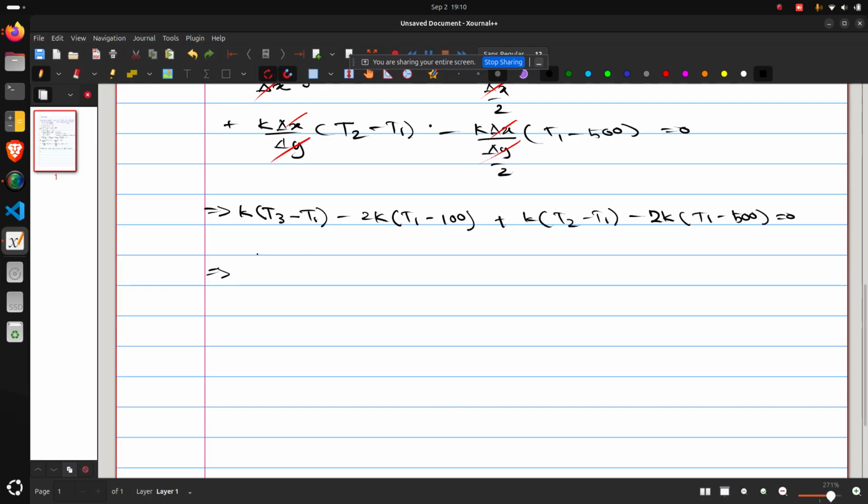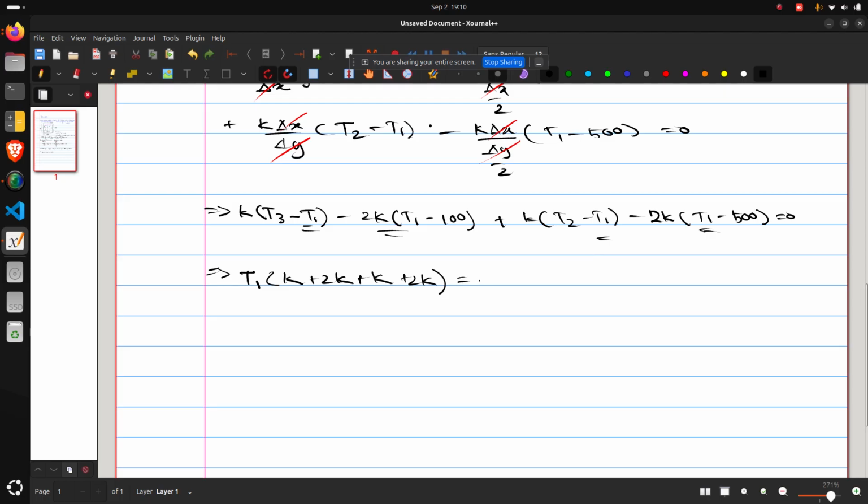So let's get all the T1 coefficients on one side. So it will be k plus 2k, then plus k, then again plus 2k.